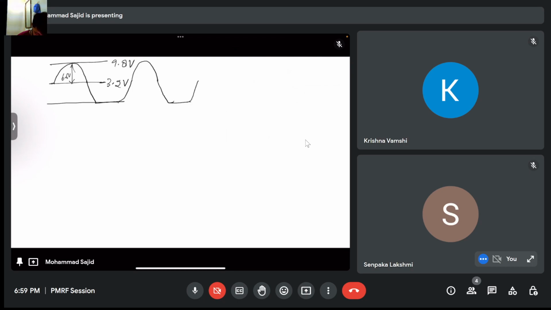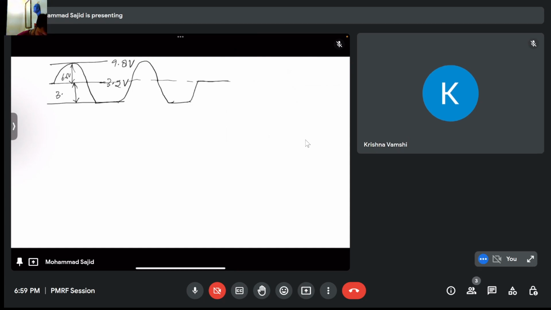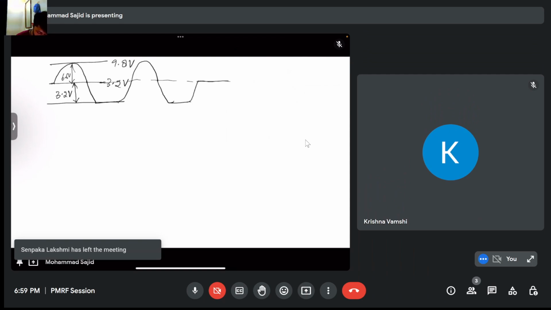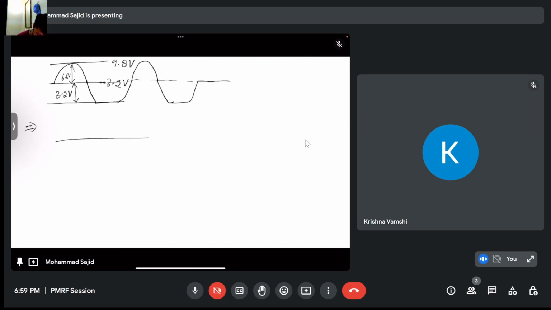So we don't want that, right? So in the negative cycle, my peak voltage should be restricted to 3.2 volt. So ultimately during the positive cycle or during the negative cycle, the input signal will not get distorted.